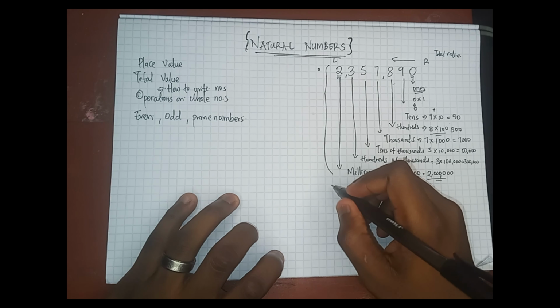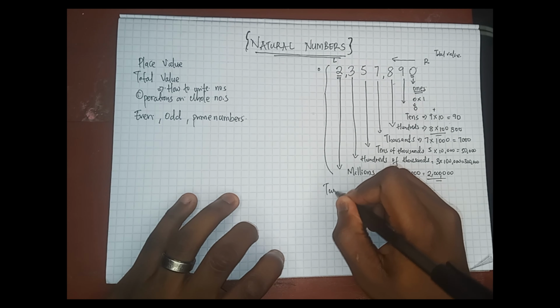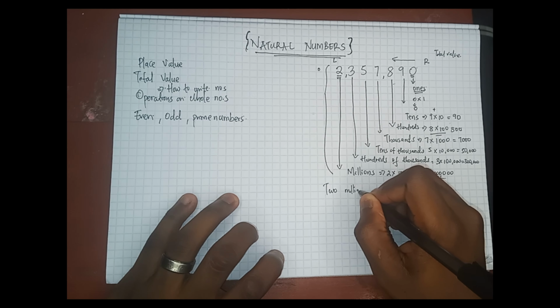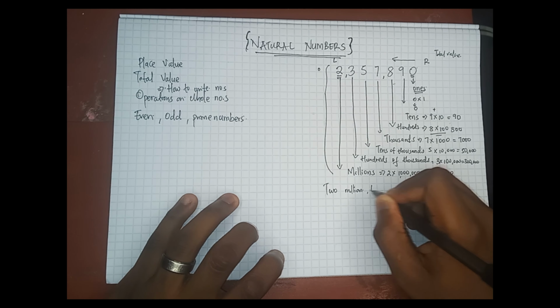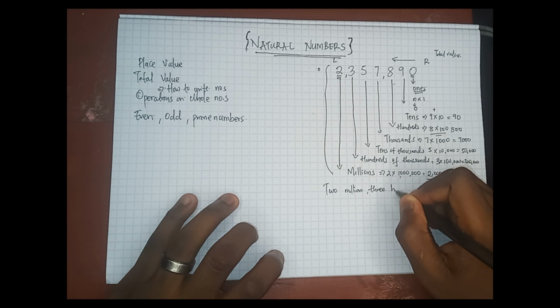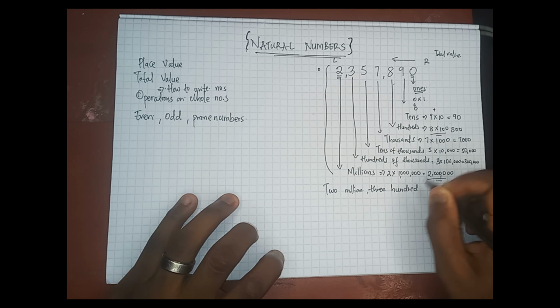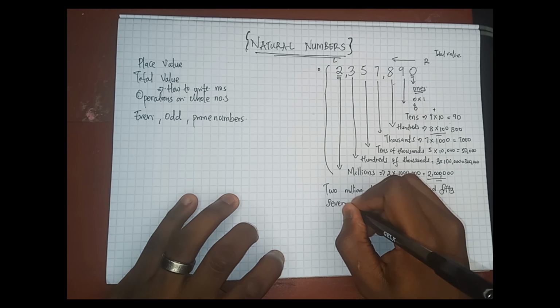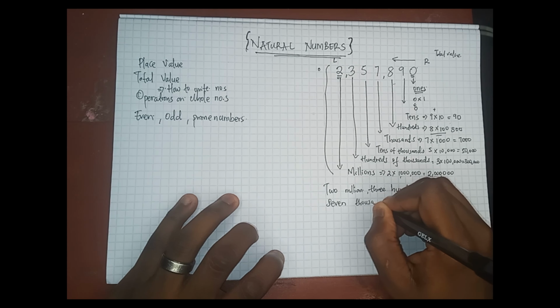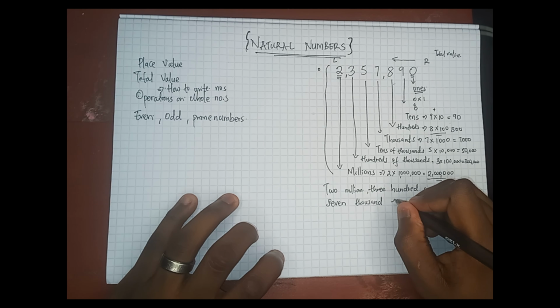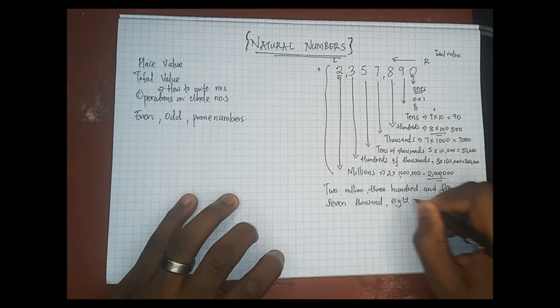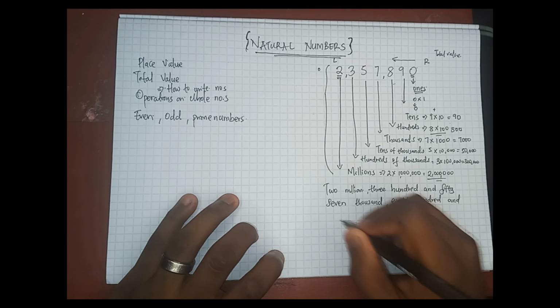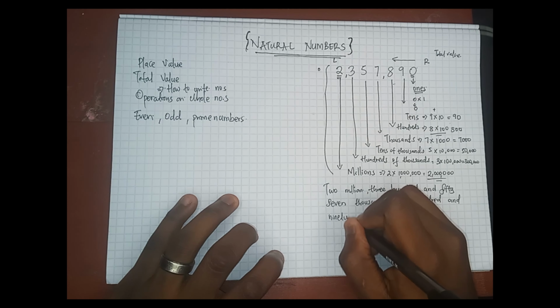So the number in words is 2,300,000 and 57,890.